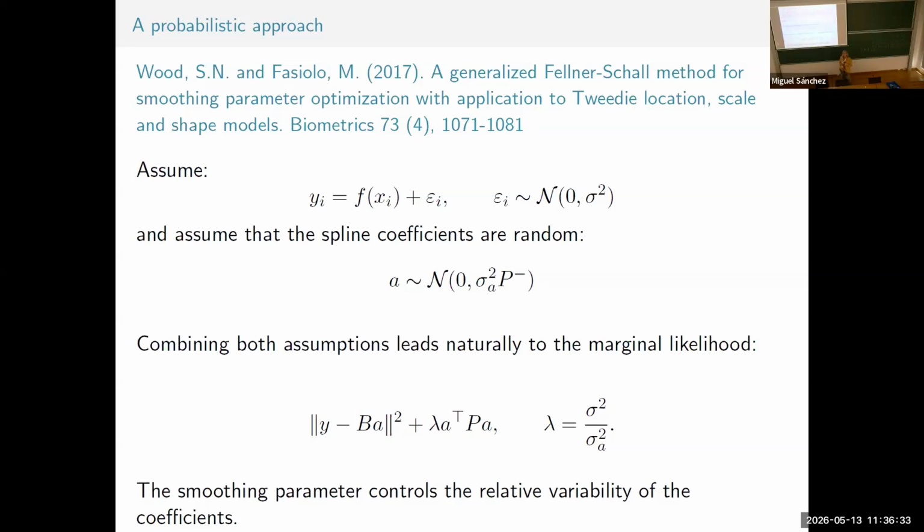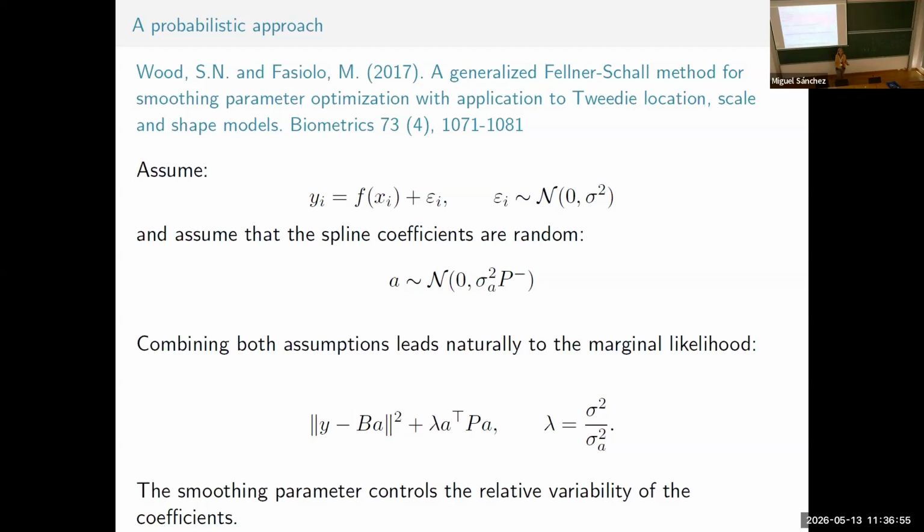If my coefficients have variance 0, all of them are 0, I have a straight line, and lambda is infinity, a very large lambda. The larger the variance of my coefficients, the smaller lambda is, and the more wiggly my curve is.